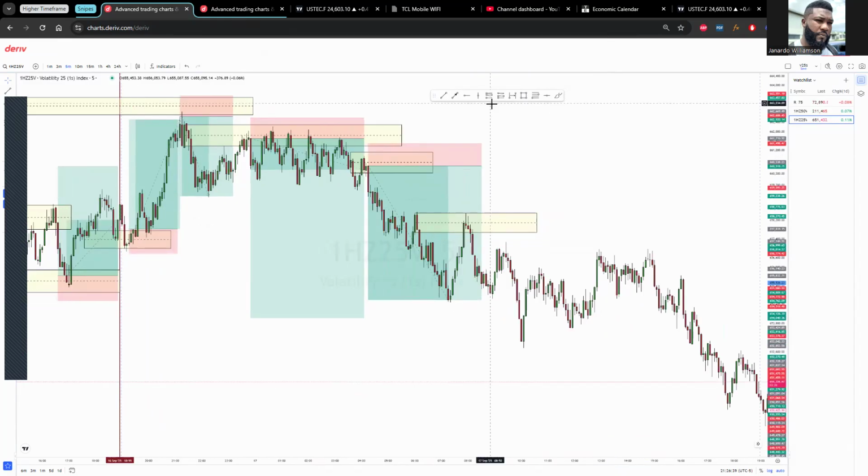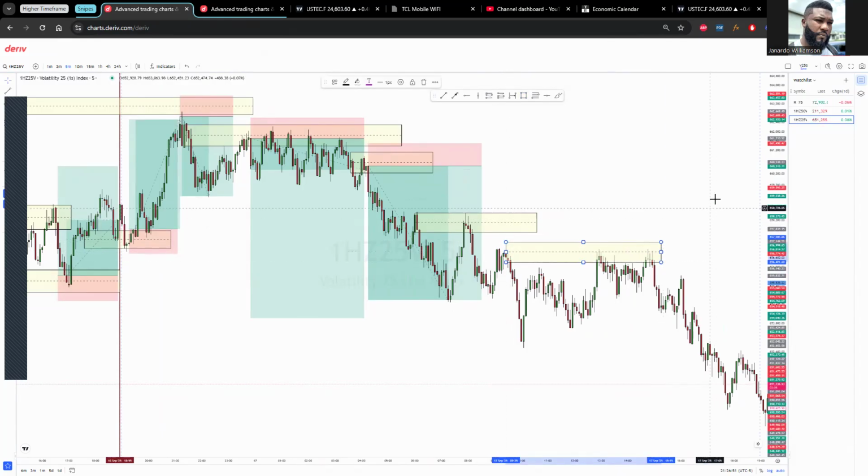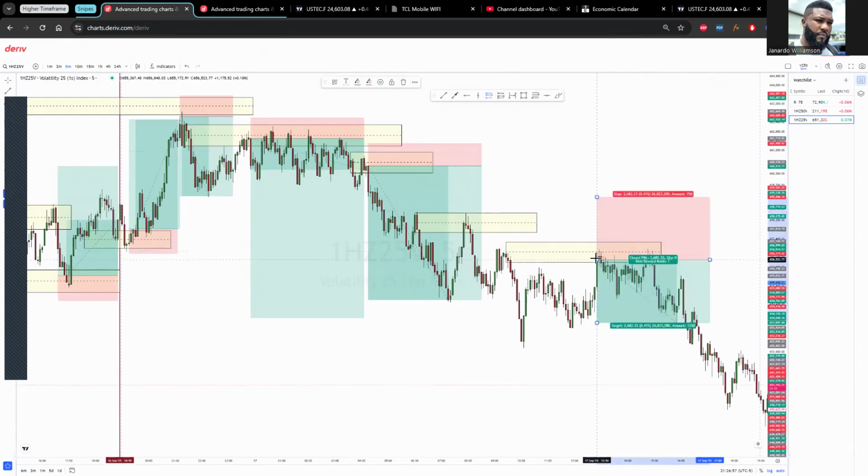This was another opportunity. And as you can see, I'm not cherry picking these zones. It's the indicator actually marking these zones. So when I showed you the MT5 before, it had these zones highlighted. One there.